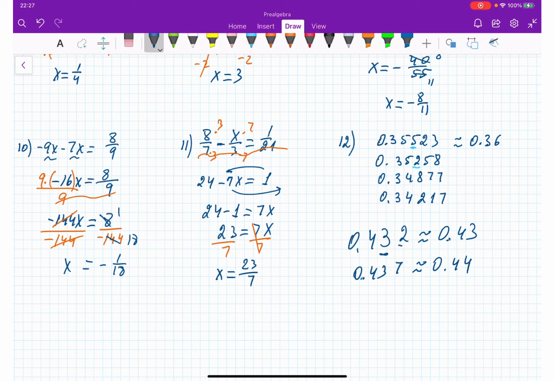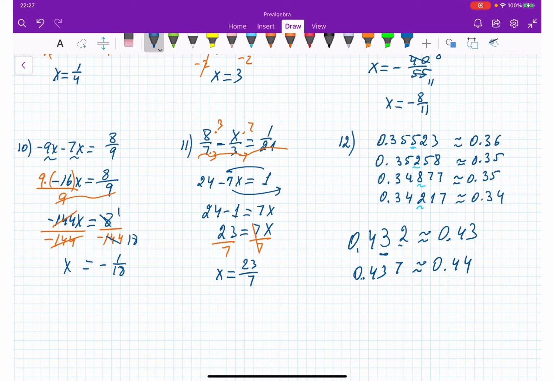Since it's less than 5, it's going to stay 0.35. Next, this one is 8, more than 5, so I'm going to round up, which will be 0.35. And this one is 2, less than 5, so I'm going to leave it as 0.34.